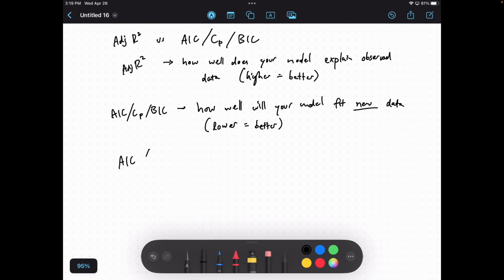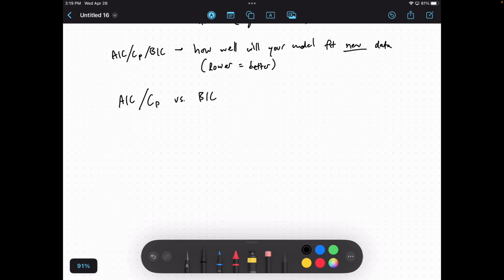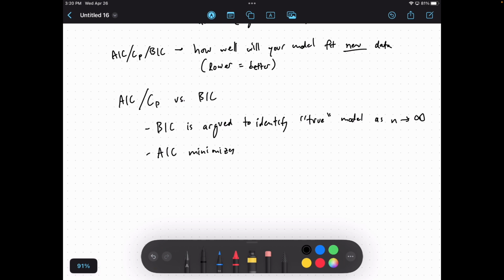Then we have AIC/Cp versus BIC. BIC is argued to identify the true model as n approaches infinity, and AIC minimizes the risk of selecting a bad model with small sample sizes.